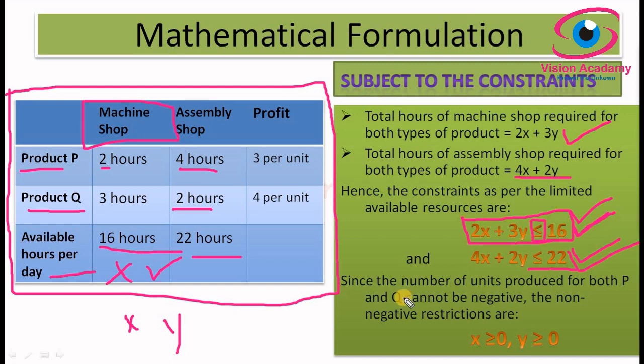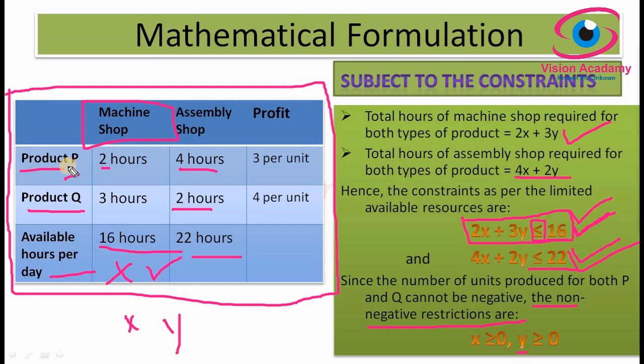Okay, that's simple. And since the number of units produced by both product P and Q can't be negative, we have to impose a non-negative restriction. X is P, Y is Q. X must be greater than or equal to 0. It can't be less than 0.